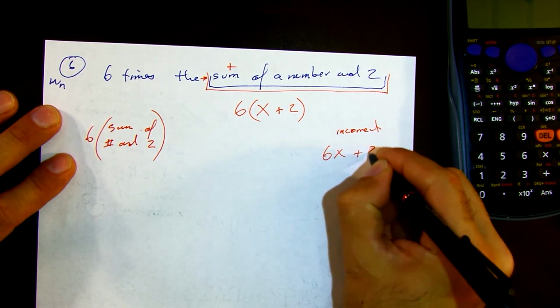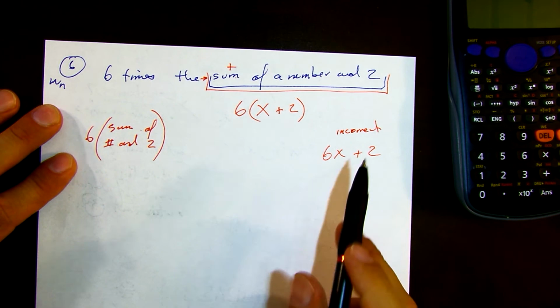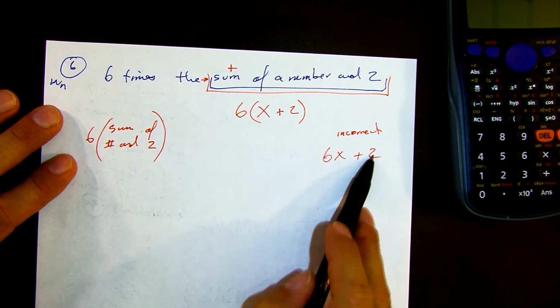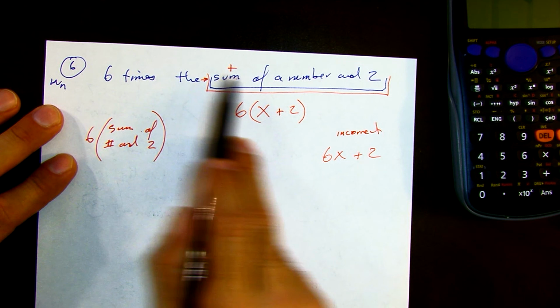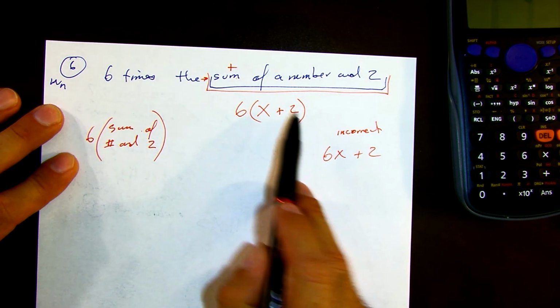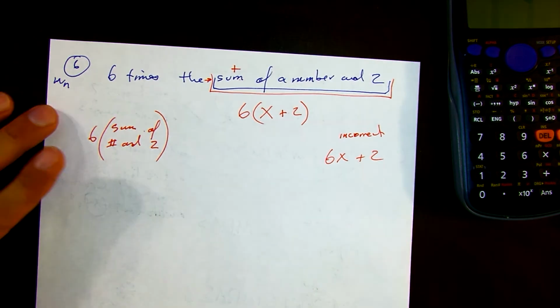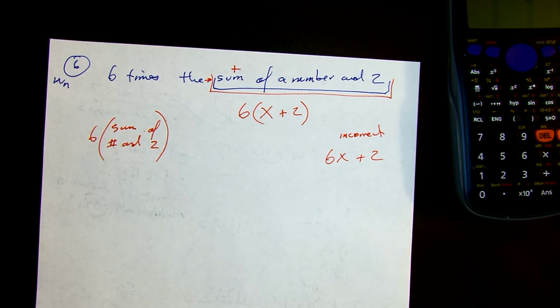This is incorrect if you had it this way. If you had 6 times x plus 2, this isn't saying that. This is saying 6 times a number plus 2. When we have 6 times the sum of a number and 2, it's 6 times the sum. All right. Thumbs up, sideways, down. Do you see how I broke that down? Can we do that?